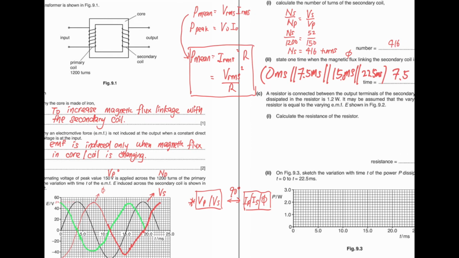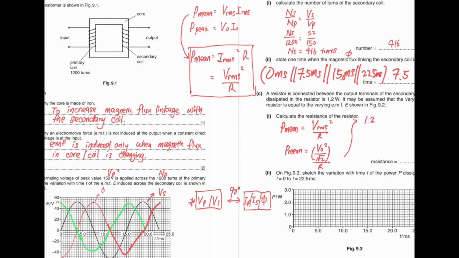So let's use this formula, the V_RMS squared over R. So I write down the formula first. P mean equals V_RMS squared over R. V_RMS is V naught squared over 2, over R. Okay, now we substitute the values.